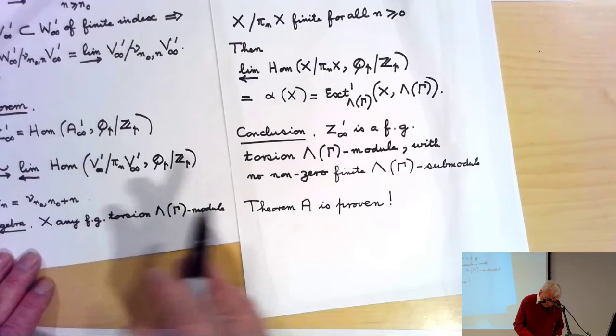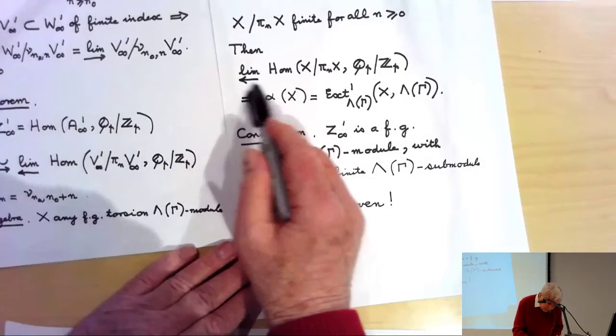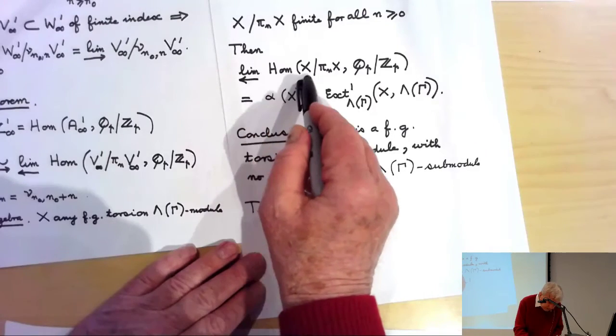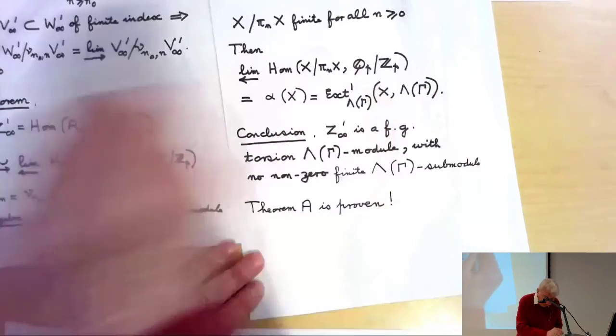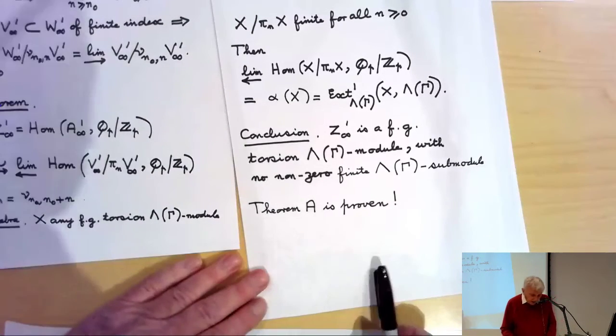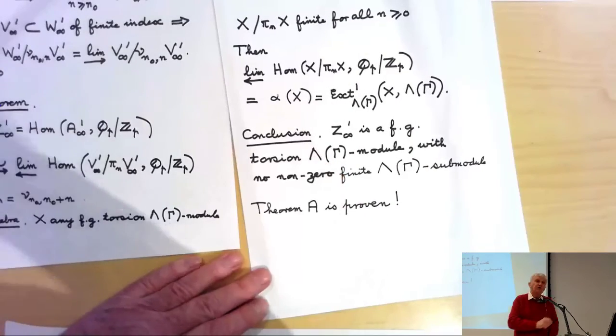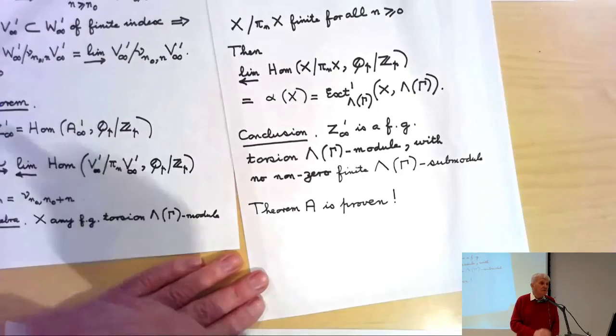Then you can look at this strange limit, the projective limit of Hom of X over pi n X into QP mod ZP, and what is true is that that is the adjoint of X. This is pure algebra.